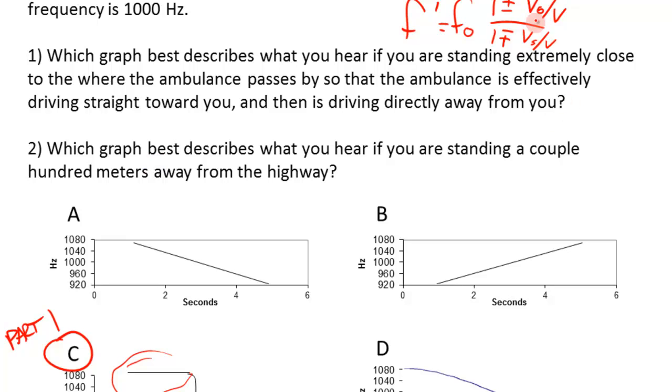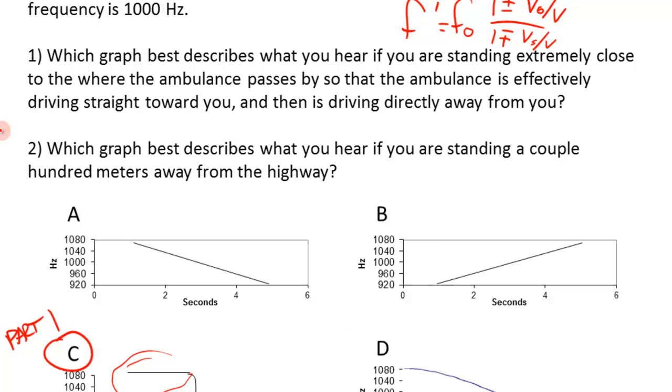The VO is the component of the observer's velocity that is in the direction of the source. Vs is the component of the source's velocity that is in the direction of the observer. So you can have a component in that direction, and you can have one perpendicular to that direction.